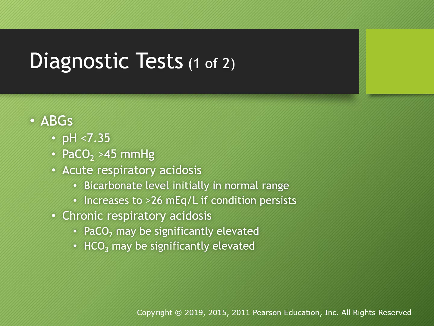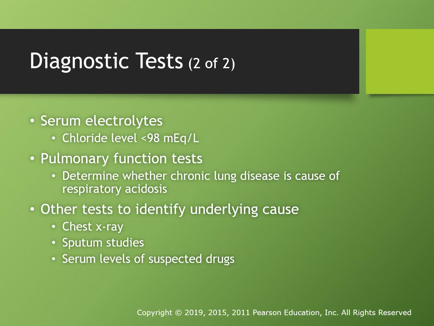Serum electrolytes may show hypochloremia, chloride level below normal, in chronic respiratory acidosis. Pulmonary function studies may be done to determine whether chronic lung disease is the cause of respiratory acidosis. So they'll do a test to look at how you're breathing, how your lungs are functioning.